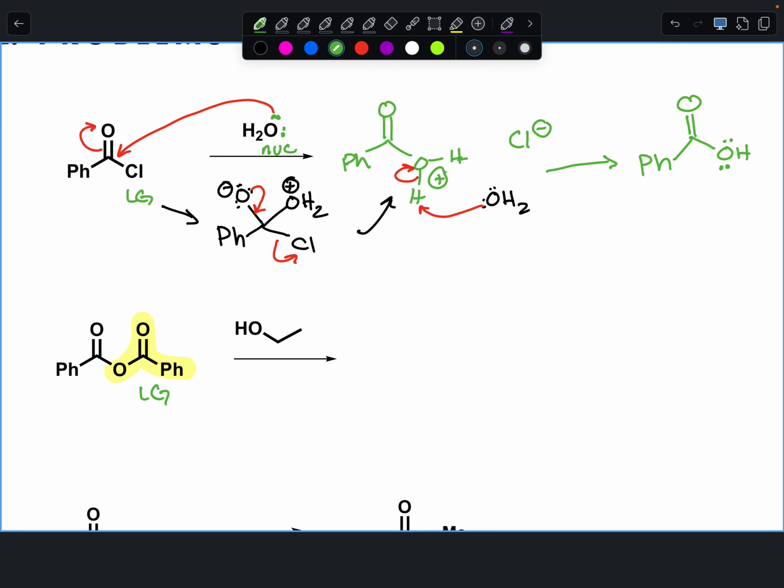Then that nucleophile will attack an electrophile, and we'll make a new bond between the alpha carbon and that electrophile.